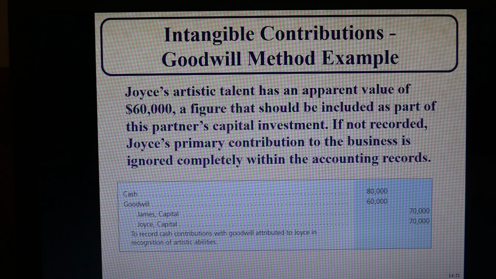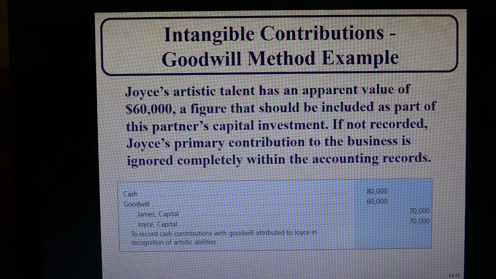And so her capital account reflects the $10,000 that she contributed in cash plus the $60,000 of artistic talent that she's bringing to the partnership. So either way will work.